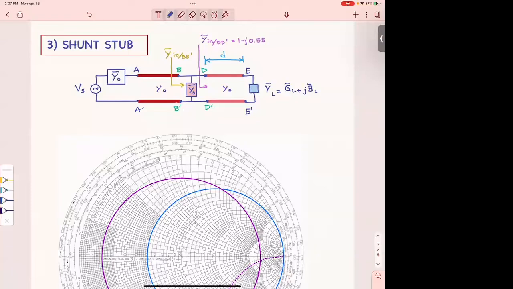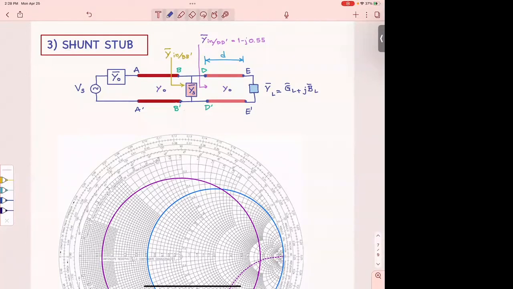But let's assume that somebody gives us a problem and says, I have a load which has a real part, like a conductance, this is 1 over ohm, and an imaginary part. So this is 1 over ohm, the units. And then I have a line where I'm giving you not the characteristic impedance, but the characteristic admittance, which is 1 over Z naught.